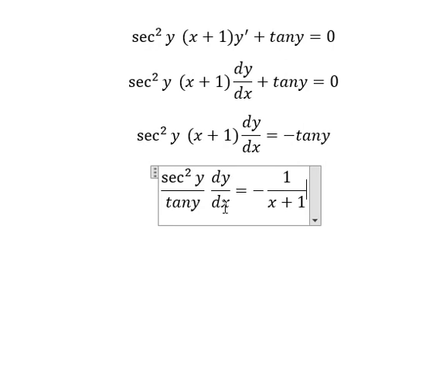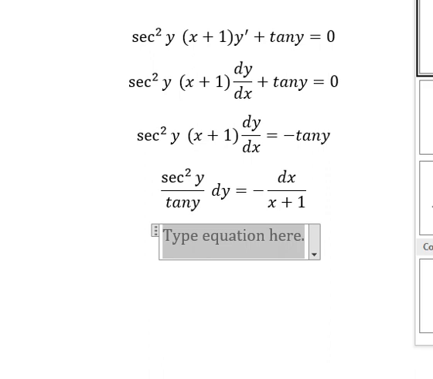So I will put the x go to the right. So we put the integration for both sides.